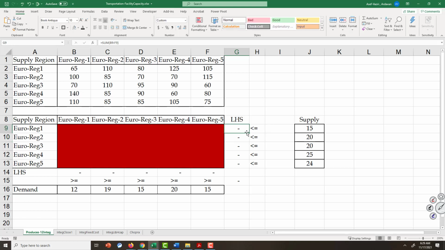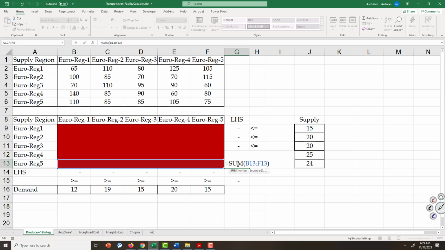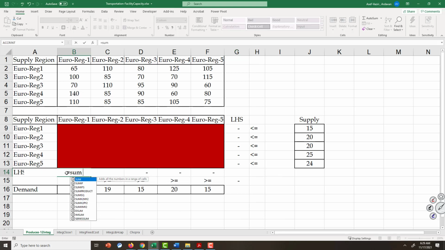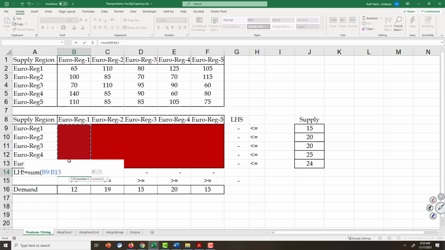And if I copy down, this is the volume of product delivered from factory 1 and origin 1 to all destinations. This should be less than or equal to the supply of these origins. And then equal to summation of these values.